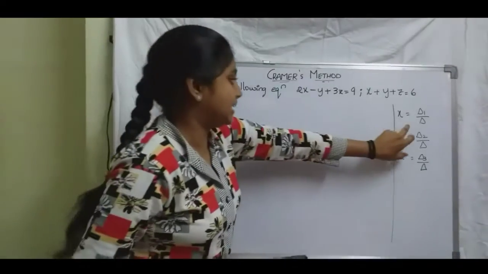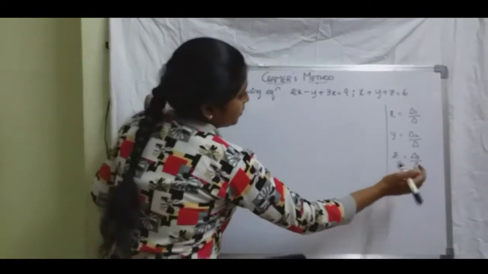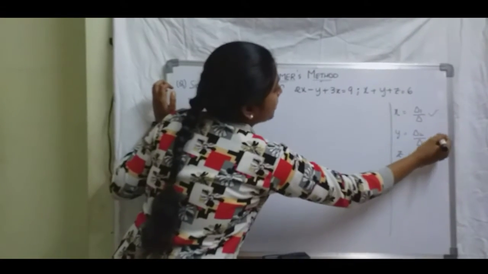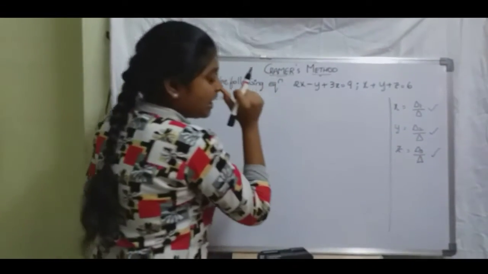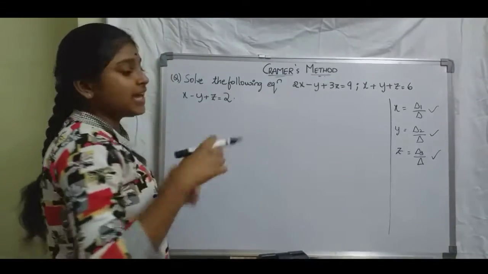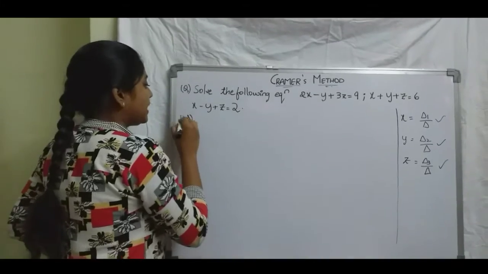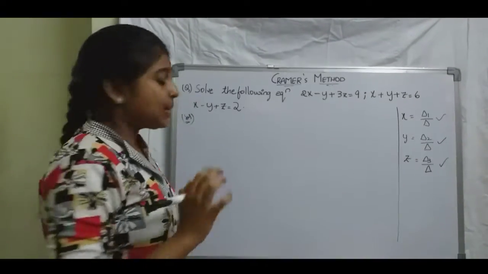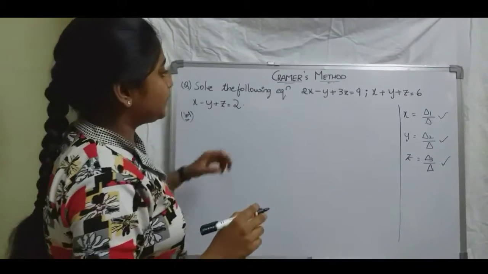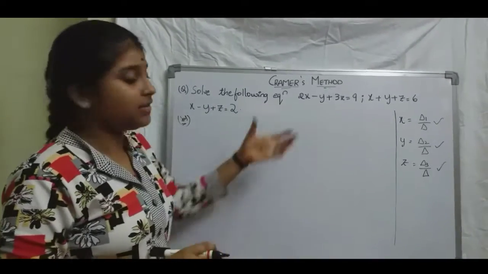And what is delta? For these three, we have a common denominator, that is delta. Now we will write these linear equations in one step. The given equations can be written as, let us consider, we need a matrix to solve Cramer's rule.